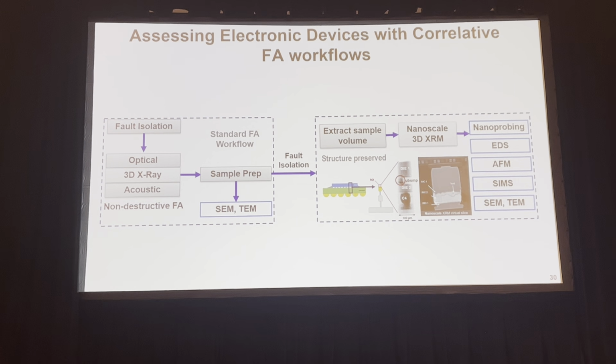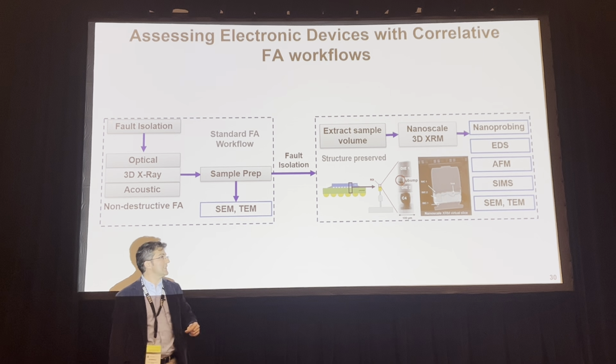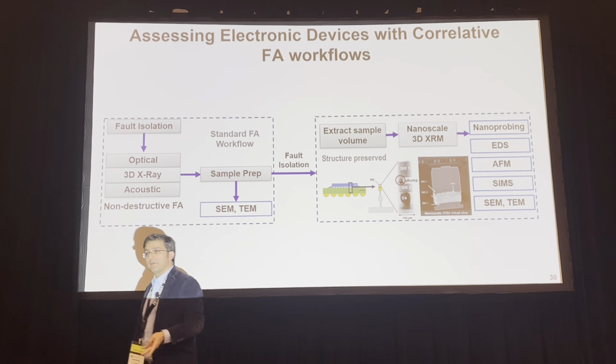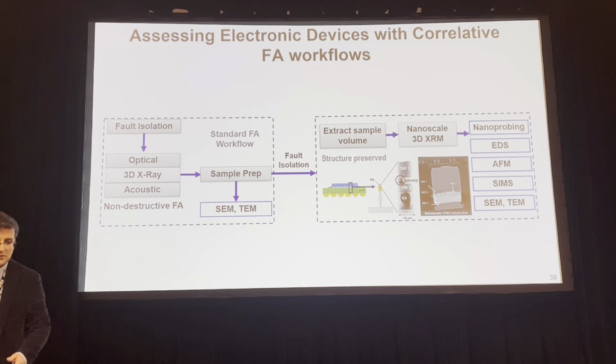Okay, so this is what you can do with X-rays, and those are very great advancements. And now there are other ways to continue doing the failure analysis. Let's say you start with a fault isolation and you apply any of these methods, including X-ray, and you might find the failure, you might not. If you need to isolate where the section of the sample is, you could go down to nanoscale 3D X-ray tomography, which was mentioned in a talk that was given a couple of days before.